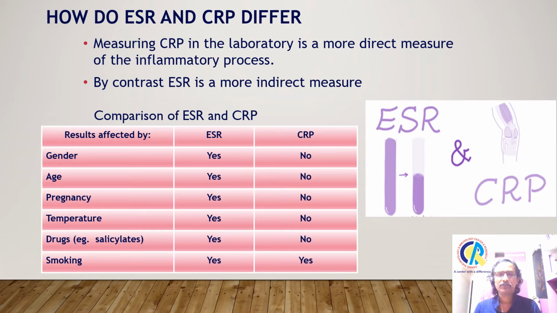To some extent, even the presence of anemia increases the ESR, whereas polycythemia decreases the ESR. So several factors do influence ESR. In contrast, CRP is not influenced by the majority of these factors except smoking, because smoking per se produces inflammation, as a result of which the CRP could be raised.